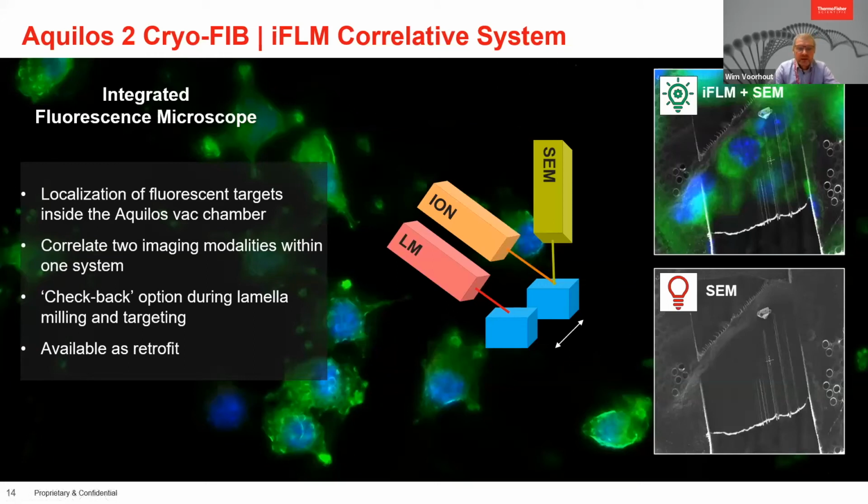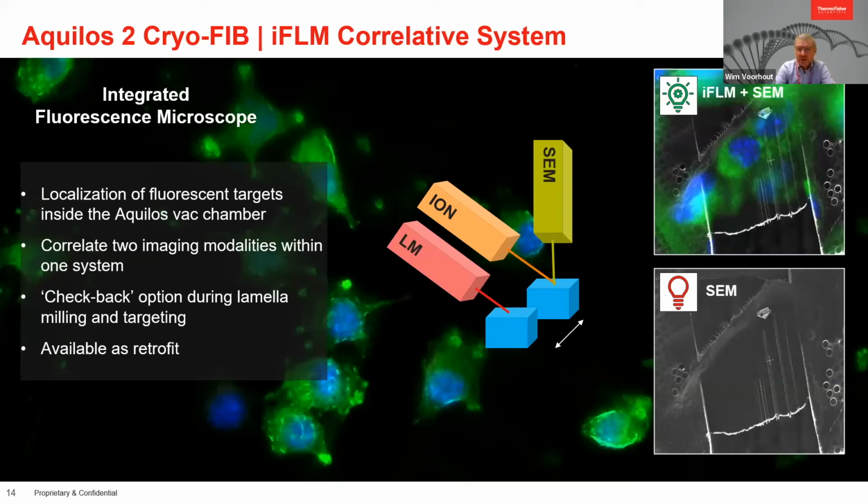Now, the very nice thing about this Aqueous 2 is that it can be equipped with an iFLM, an integrated fluorescent light microscope, in the chamber. As you saw previously in the workflow, there are still many transfer steps for your sample. After vitrification, you have to transfer your sample to the cryo-correlative microscope, then to the dual beam, and after thinning and milling, to the electron microscope.